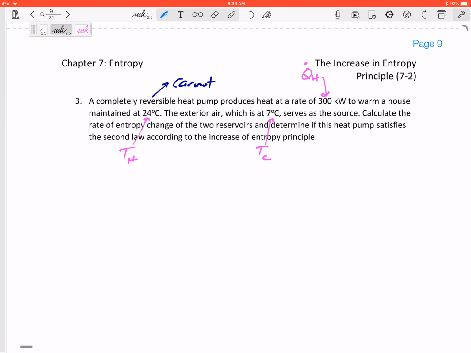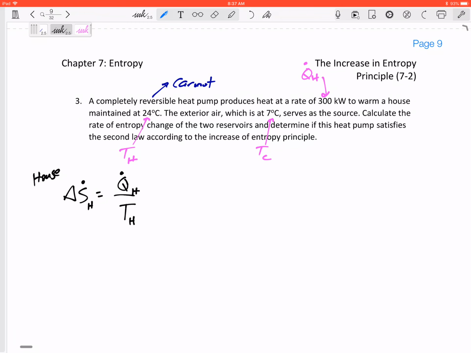Assuming this is a large source and a large sink, and this is a Carnot heat pump, the delta S dot, because it's a rate, is Q over T. So the rate of entropy change of the hot reservoir, the house, would be QH dot over TH.